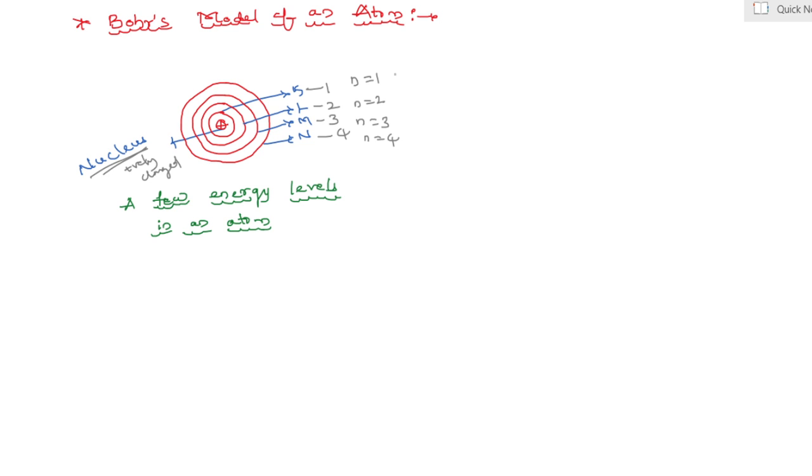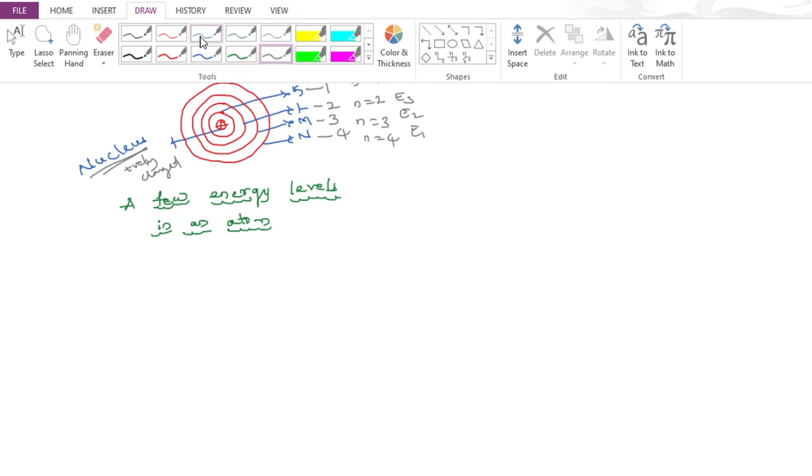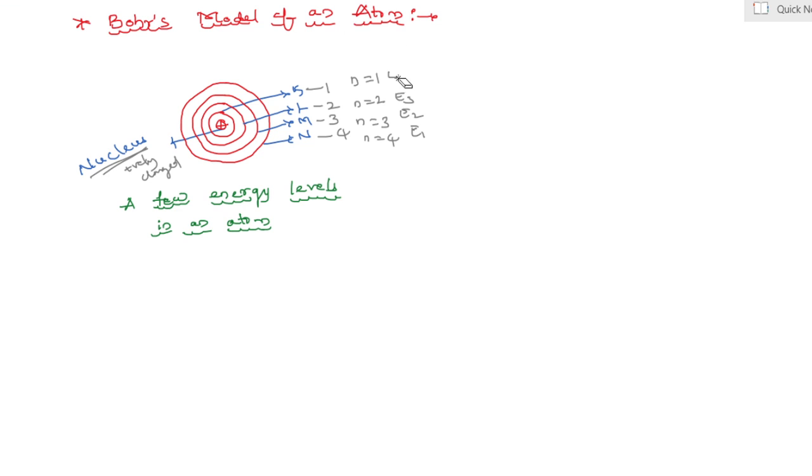It is denoted as E1, E2, E3. First shell is energy level 1, second shell is energy level 2, third is energy level 3 and the fourth one is energy level 4.